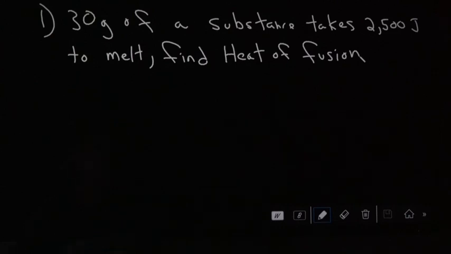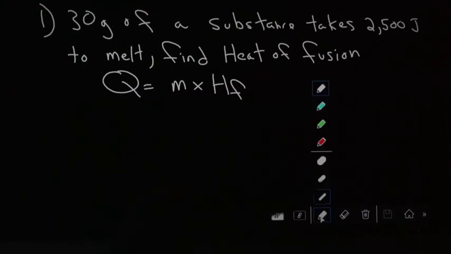Find the heat of fusion. So maybe you should pause it and try to figure it out and then start it up again. But the formula, a very easy one for the heat of fusion, Q equals M times HF. And this time you know Q and you know M.